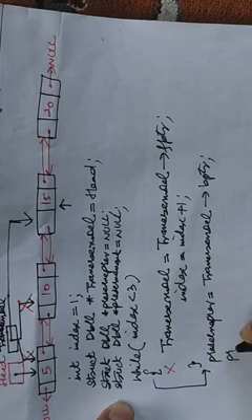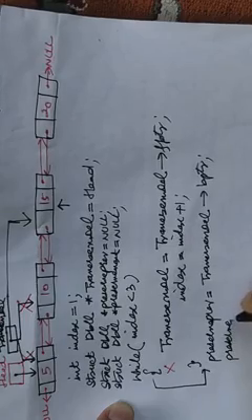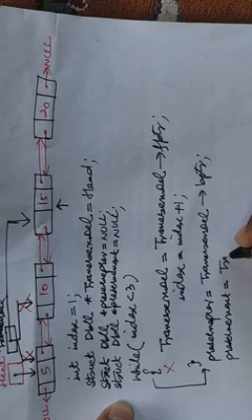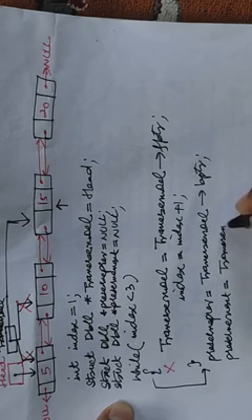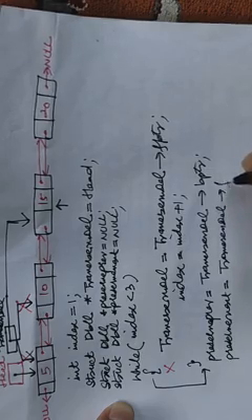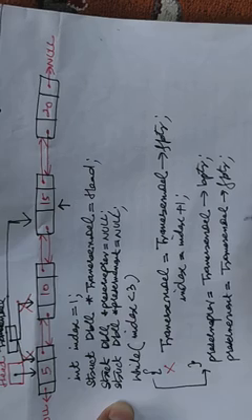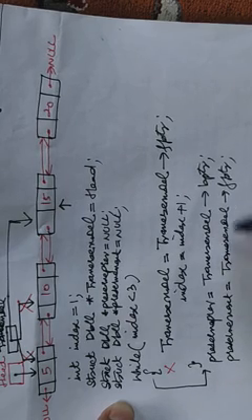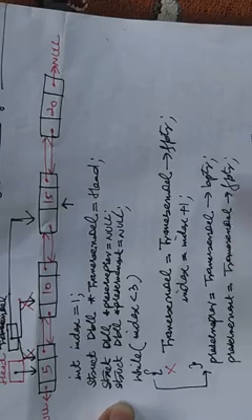And then preserve next equal to traverse and del fptr.